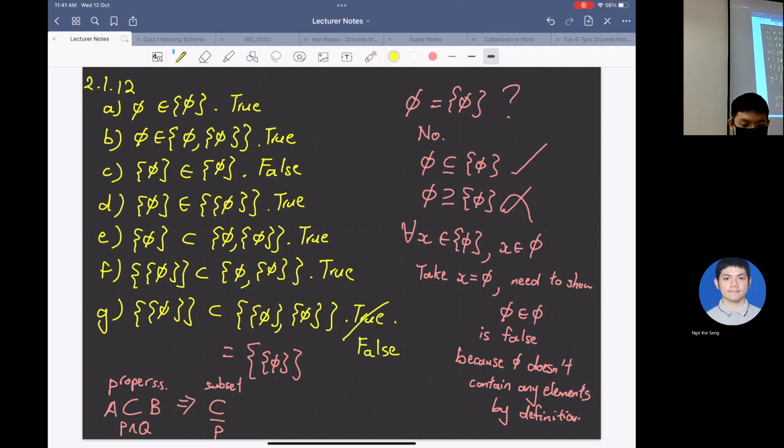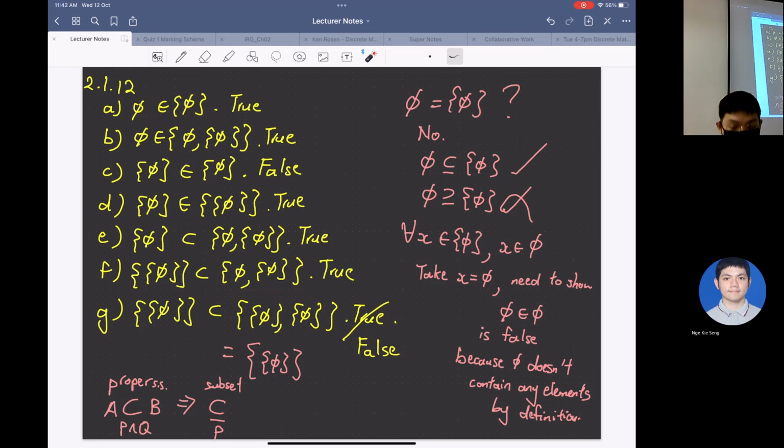A is what? Correct, A. This one is false because you cannot find an element in here that is not in the left hand side.